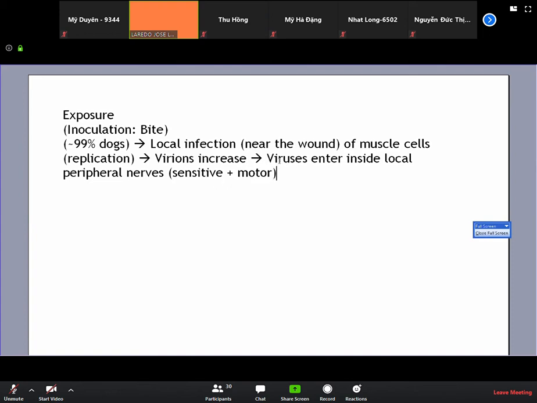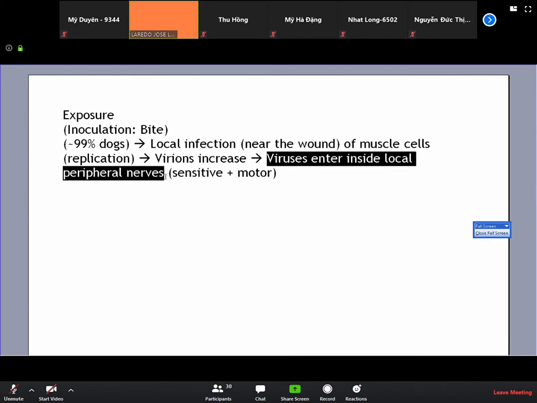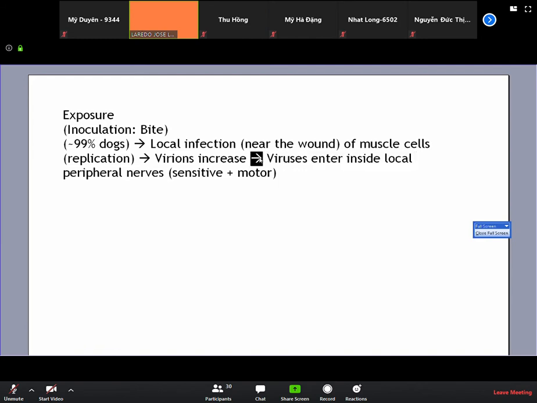When the virus enters inside the local nerves, the disease cannot stop. The patient will suffer rabies and the patient will die. So this step is the most important. The entrance of the virus inside the local nerves. If we want to prevent the disease, we have to prevent the disease before the virus enters inside the nerve. This is the most important.